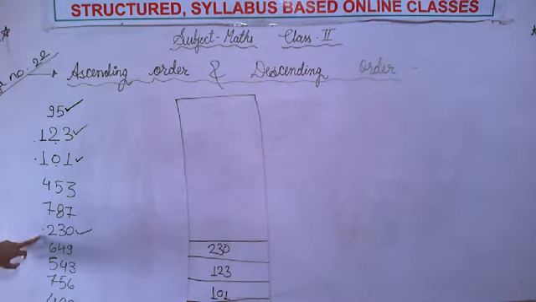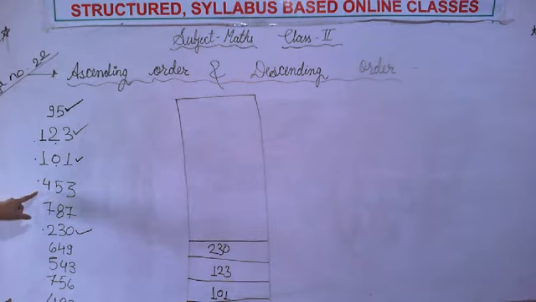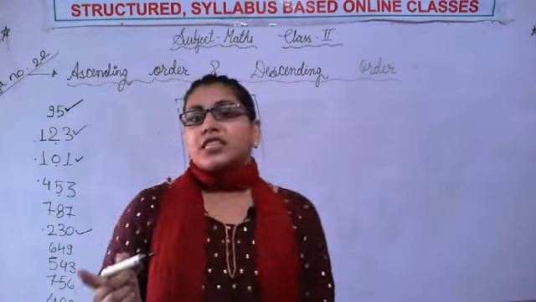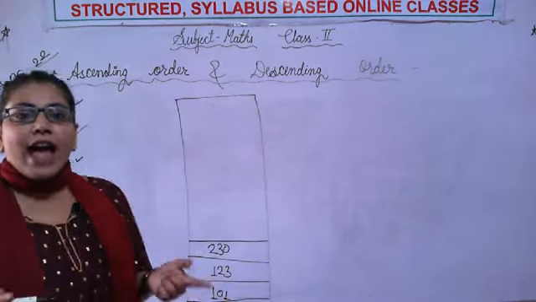Now, after 2, which one is smaller? 4, 7, 6, 5, 7, 4. 4, but two 4s are there. So now what we'll do, we'll check for the tens position. Here at the tens position 5 is written and here at the tens position 8 is written. So which one is smaller, 5 or 8?